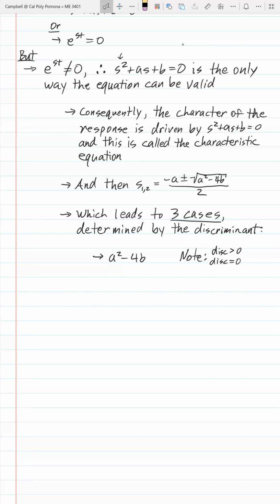So we need to look at the case when we have positive real values for the discriminant, the case when the discriminant is equal to 0, and then of course, all of our favorite cases when the discriminant is negative, in which case we're dealing with a real number, negative a, plus or minus a purely imaginary number that comes from taking the square root of a negative number.